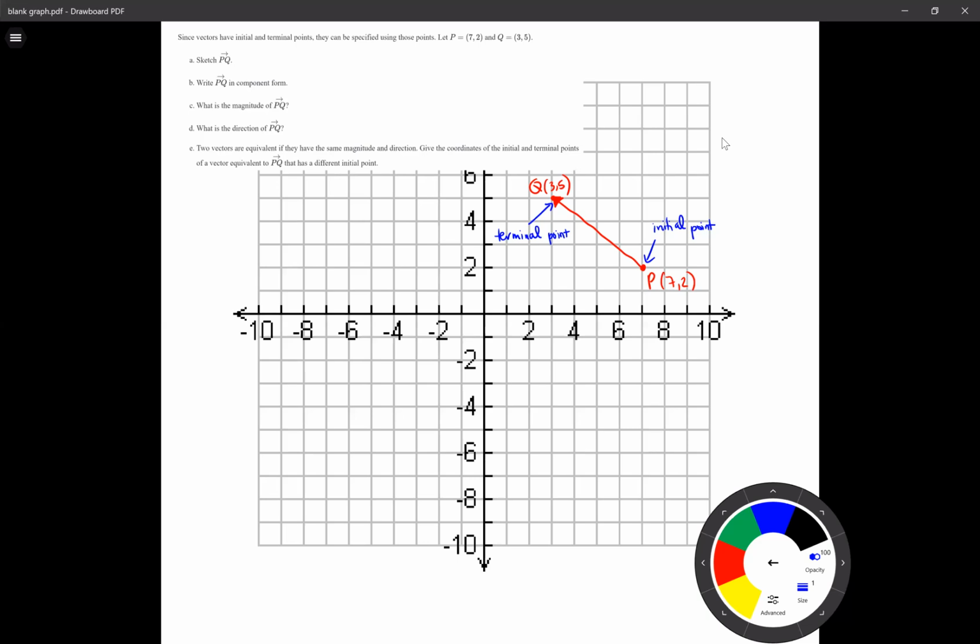All right, so now part B, write vector PQ in component form. What does it mean by component form?